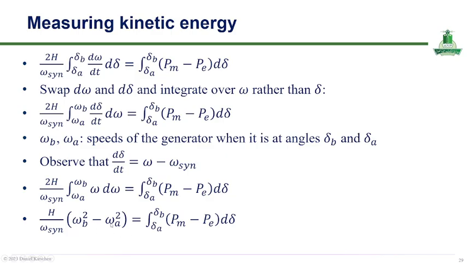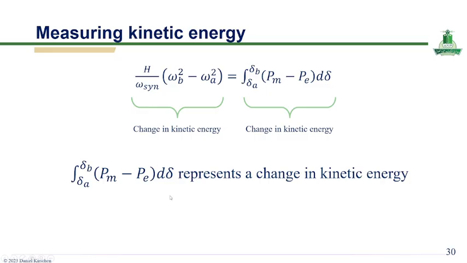And therefore, system stability can be assessed by comparing accelerating and decelerating energy areas, reinforcing the physical meaning of the equal area criterion.